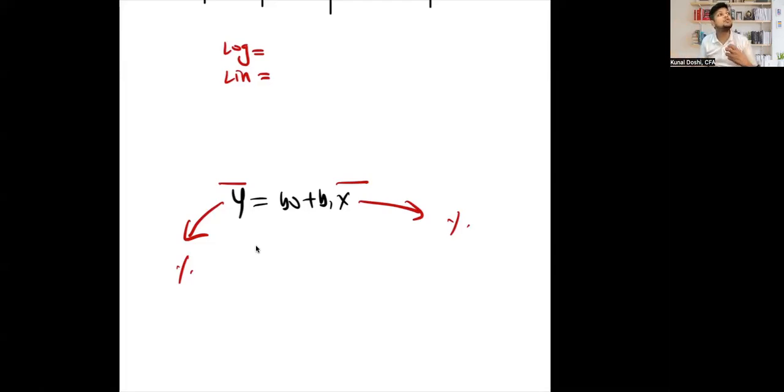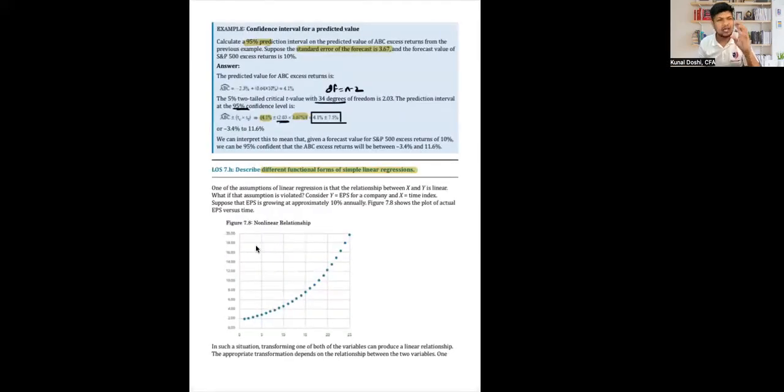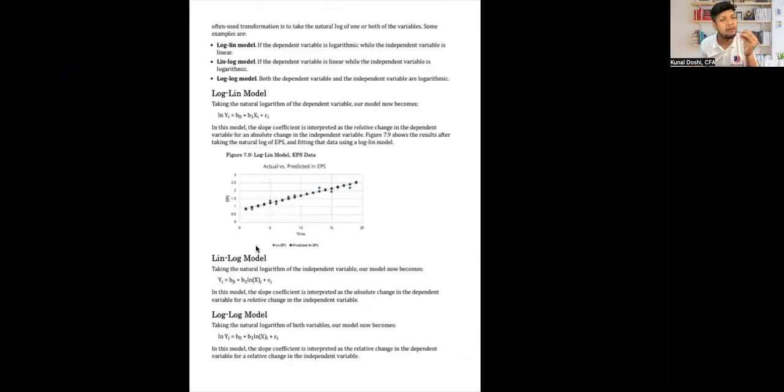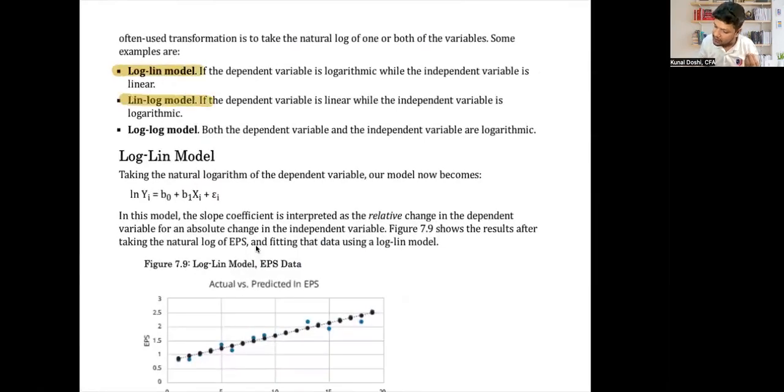What if they are asking you the dollar value of a stock based on returns? So one is in dollars, another in percentage. When this issue happens, then we might have to change the model by applying log. Is there a calculation? No. They've explained what the different models are where you apply log.